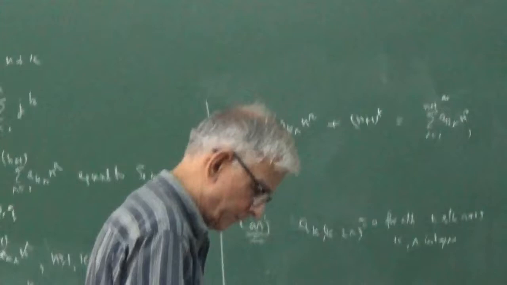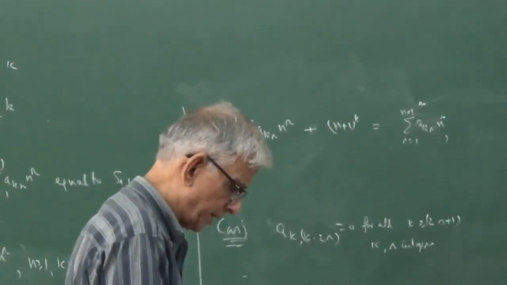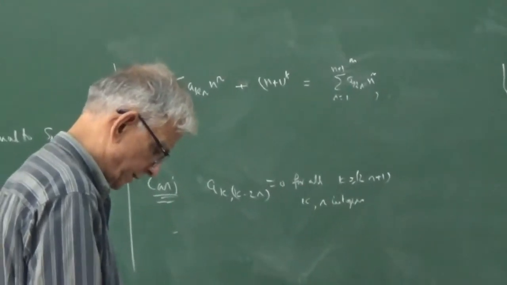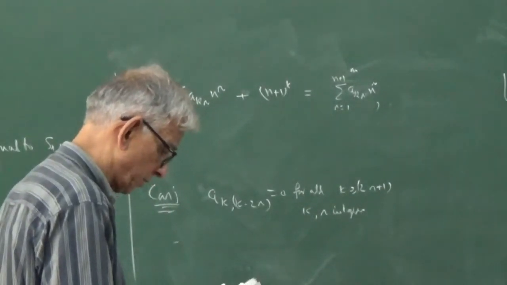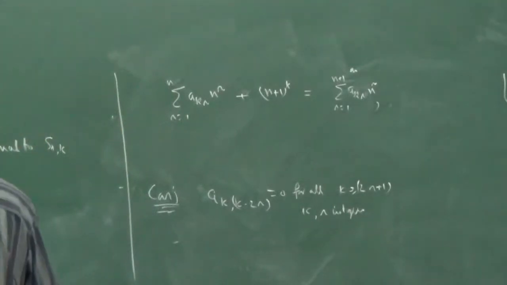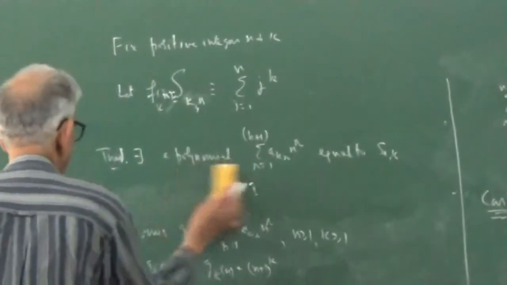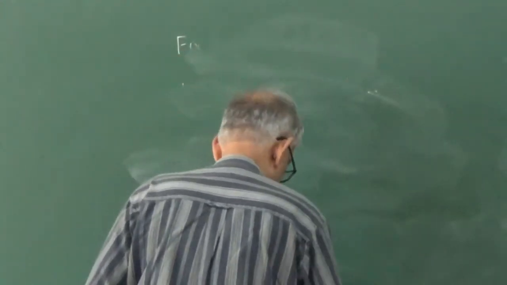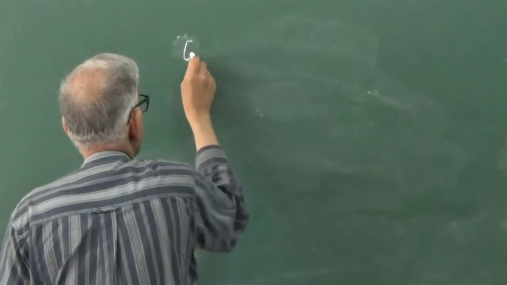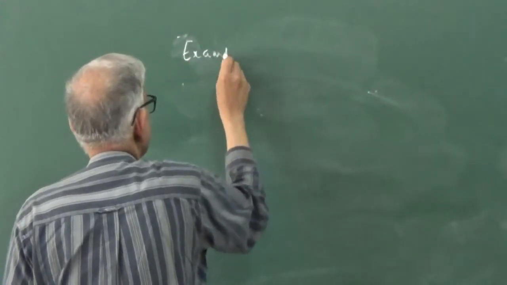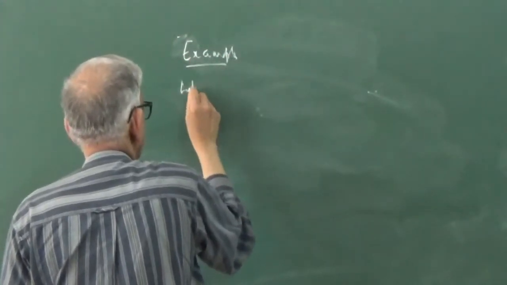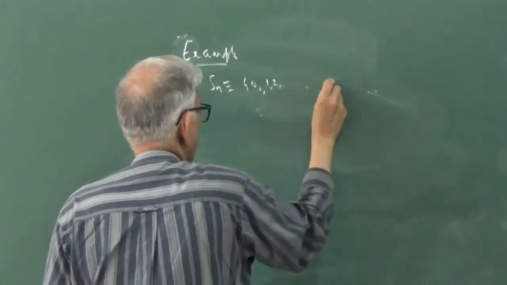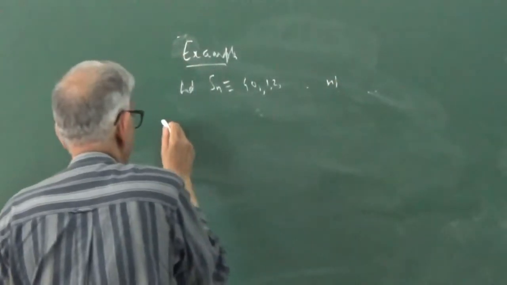Let me give you one application of this idea where the Skn show up in a natural fashion. Application, for an example. Let Sn be equal to 0, 1, 2, 3 up to n, a finite set.